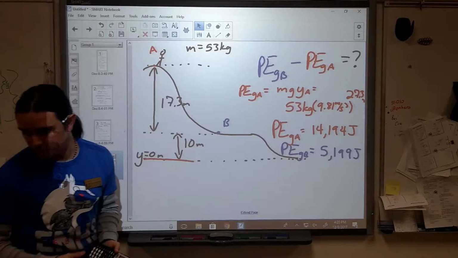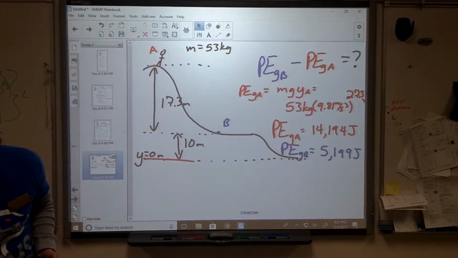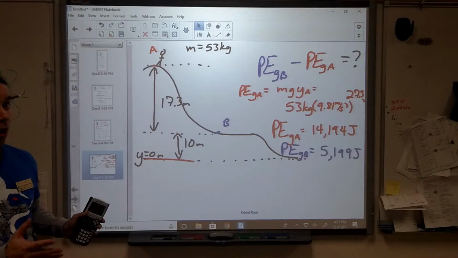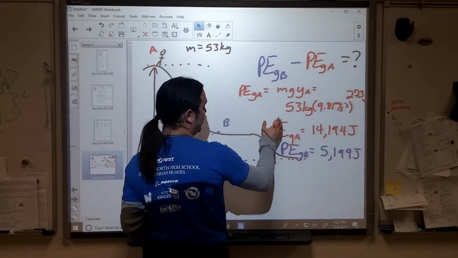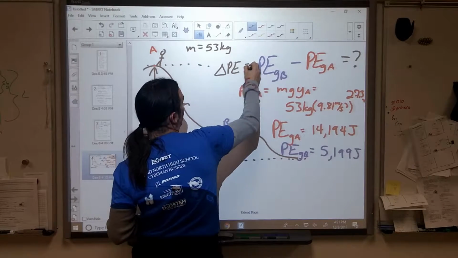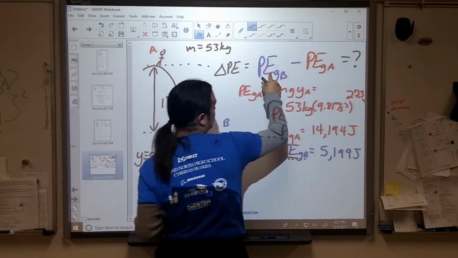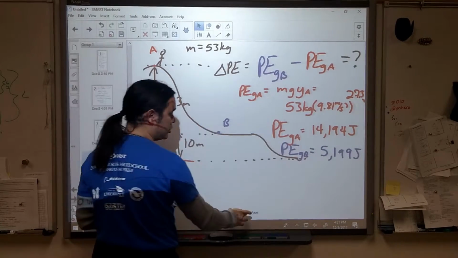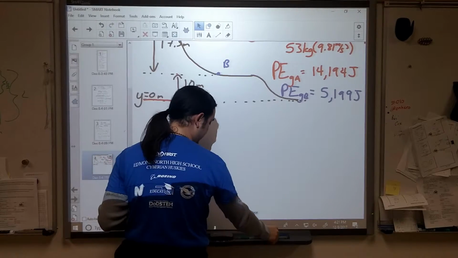We're trying to find the difference in potential energy. I think they want just how much energy we have lost. So I instinctively wrote it as delta PE, and I will remind you that delta is always final minus initial. In this case, they're looking for just the change, so we will do a positive. That's fine.